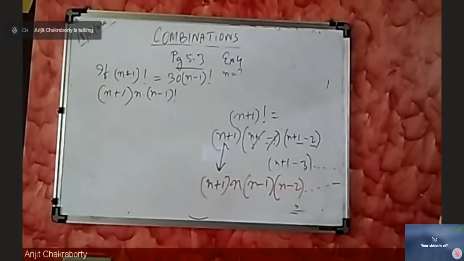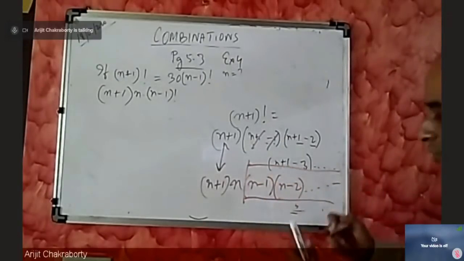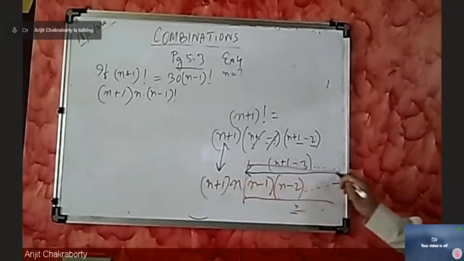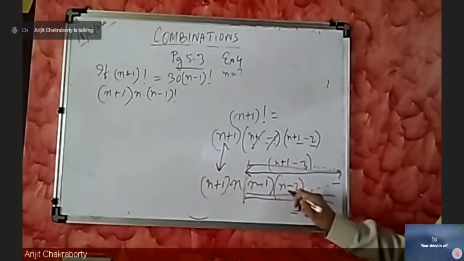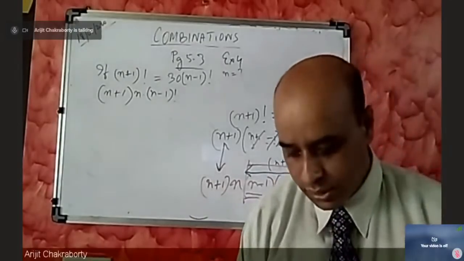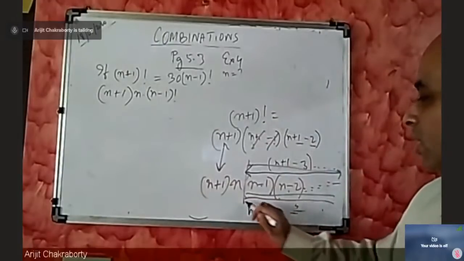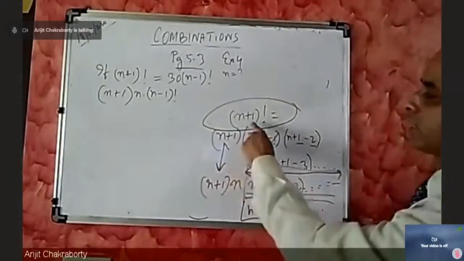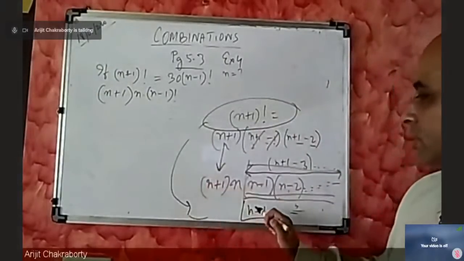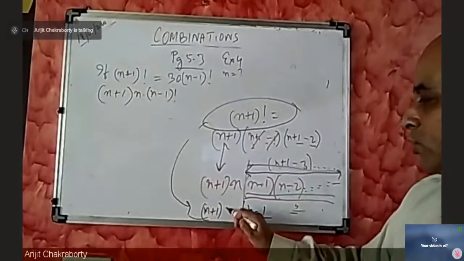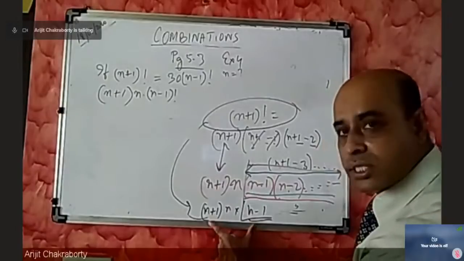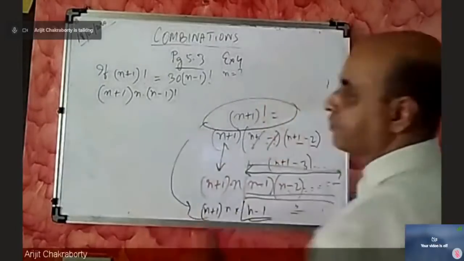And so on. Right? So this part, starting with n minus 1, this particular block, I am marking it. This block, n minus 1, n minus 2, n minus 3, this is nothing but n minus 1 factorial. So n plus 1 factorial actually means n plus 1 into n minus 1 factorial, and I put this expression here.